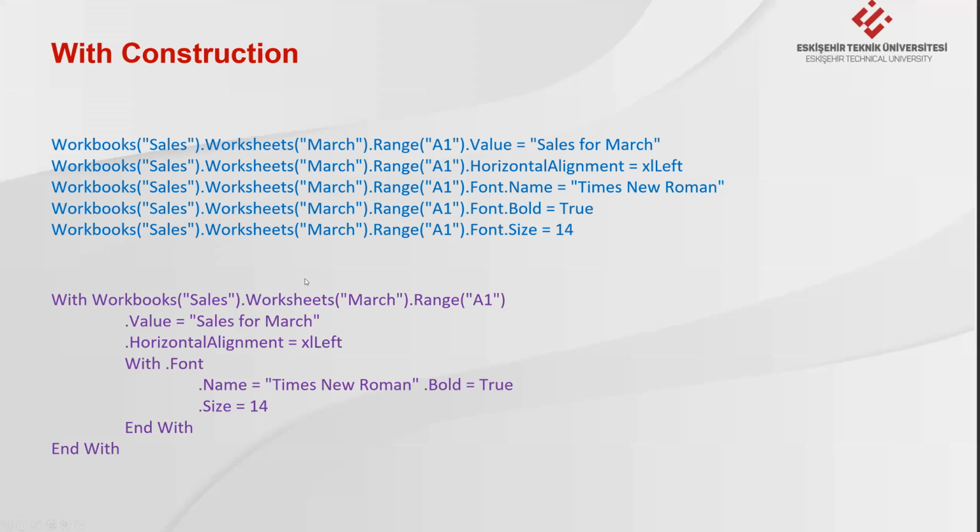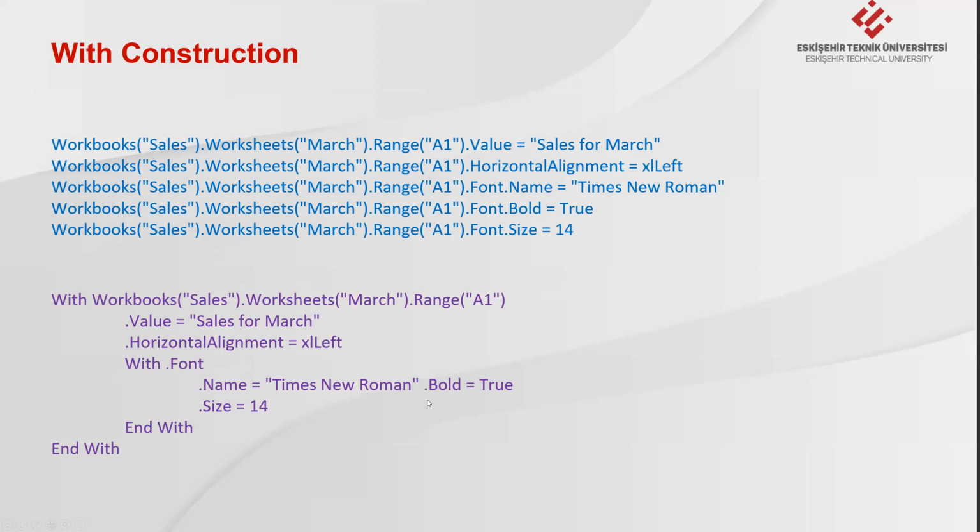So you say .Value, .HorizontalAlignment, and then you can use another With construction in here. You just say With .Font. It's going to assume that you wrote this here and you wrote .Font here. So in this case, you can say .Name Times New Roman.